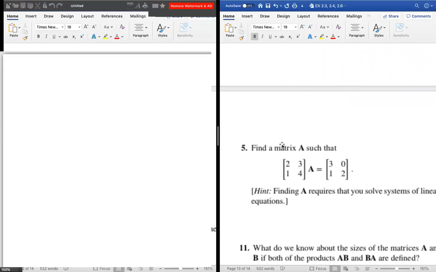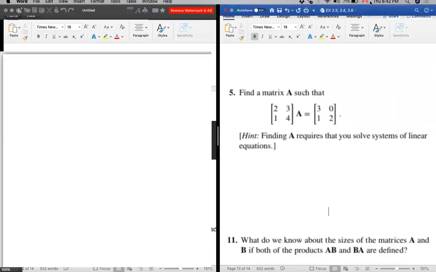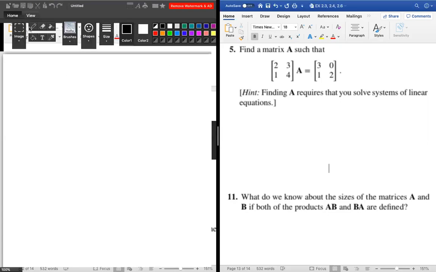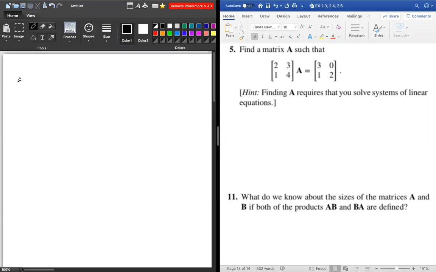We are given the hint that finding A requires that you solve systems of linear equations here.